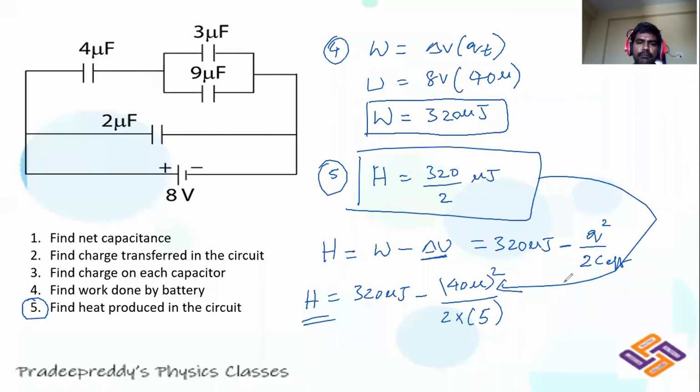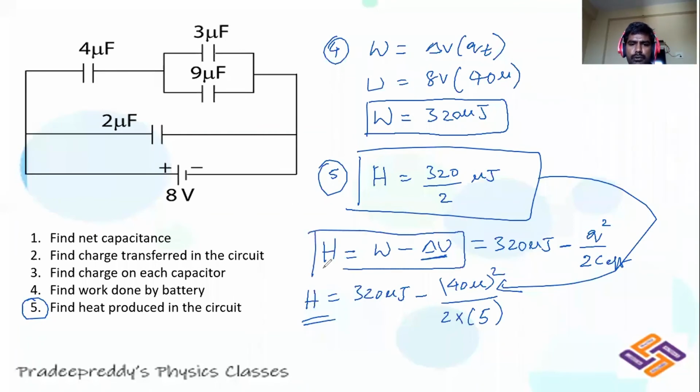And remember, heat produced can be equal to half of the work done if and only if initial potential energy stored in the circuit is 0. If initial potential energy in the circuit is non-zero, then you cannot take directly heat produced as work done by 2. That's wrong. If initial potential energy is non-zero, then you should use this basic formula.